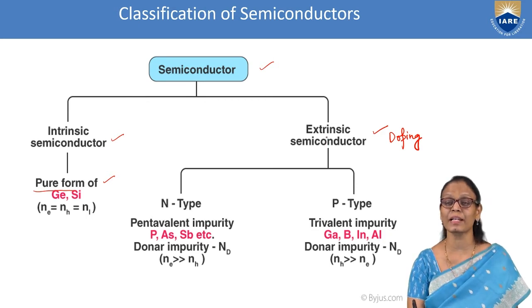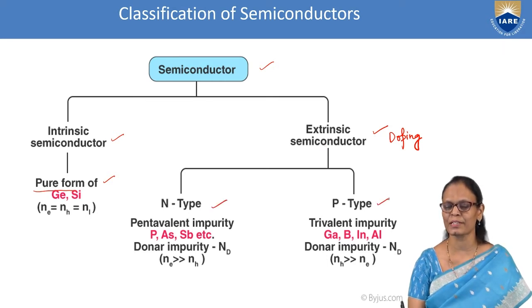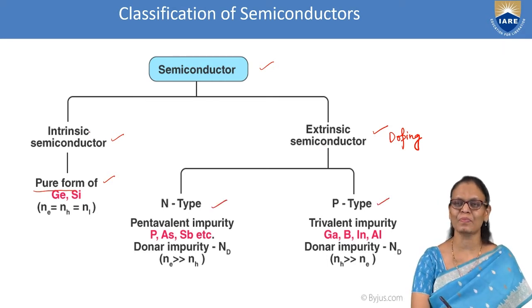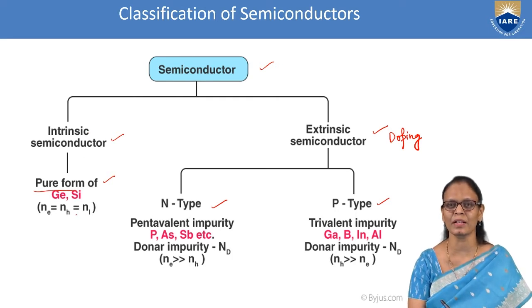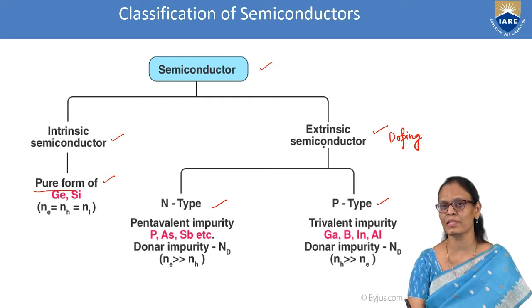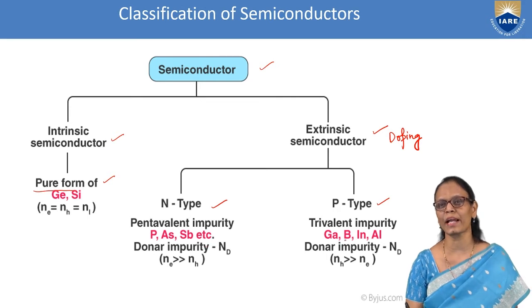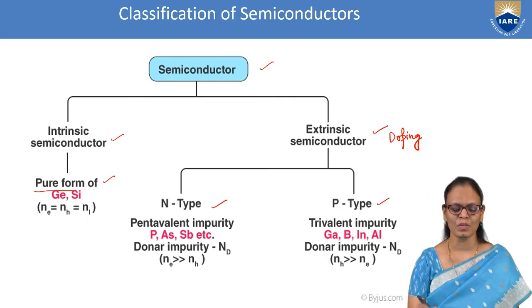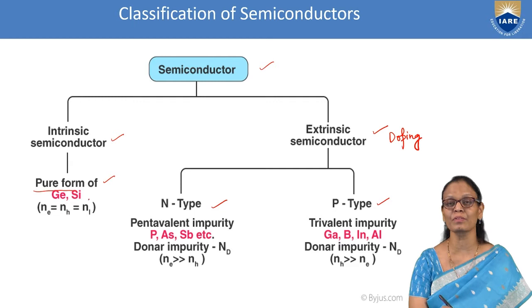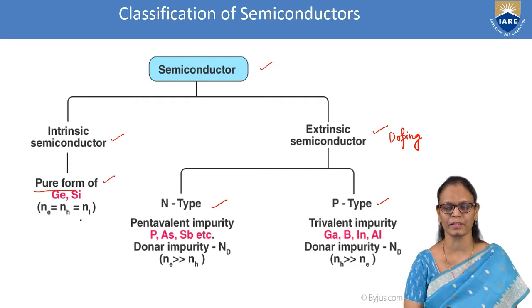Then it becomes an extrinsic semiconductor. In extrinsic, we have two types, N-type and P-type. But in today's class, we are going to discuss only intrinsic. When we come to extrinsic, I will explain both N-type and P-type also. So today's discussion, we are limiting to intrinsic semiconductors.